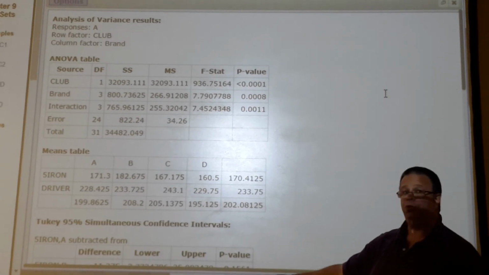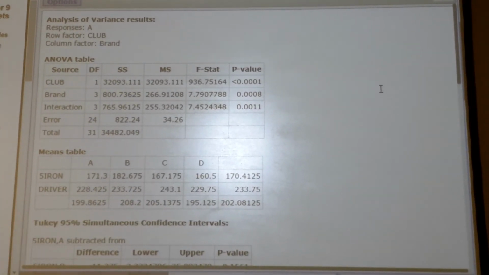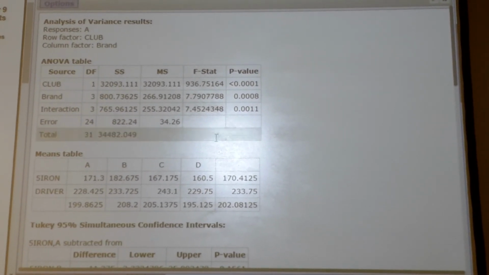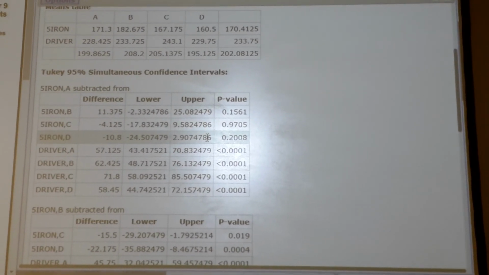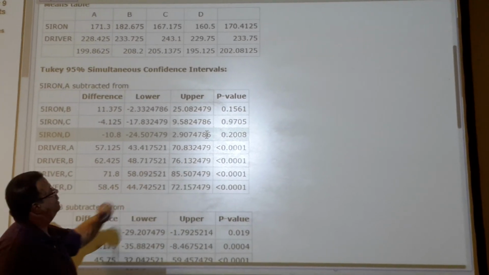Down below we have the Tukey's test, so we could go through and compare each pair of differences. And again, just like we saw before, anywhere that the p-value is less than 0.05, that tells us that there's a significant difference here.